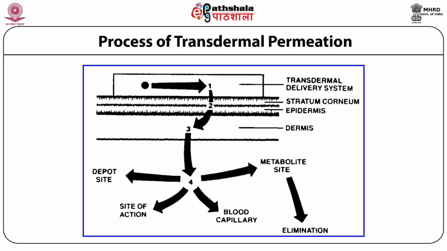Once the patch, which is primarily a composite system, is attached, the drug from there would traverse through the stratum corneum and the epidermis, followed by its path into the dermis, and as it reaches down, it is distributed to various sites, which can be designated as the depot site, the site of action, the blood capillaries, the metabolite site, and finally elimination.